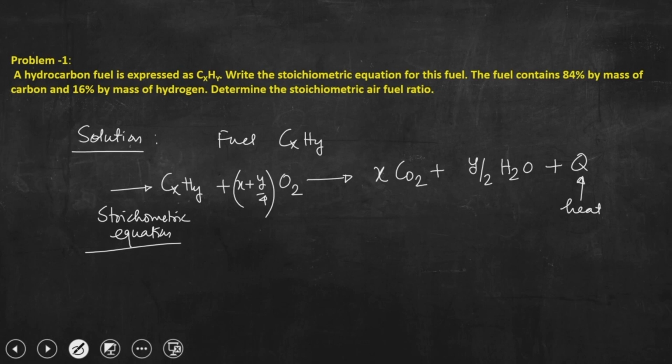Now next, it is given that the fuel contains 84% by mass of carbon and 16% by mass of hydrogen. So, writing the stoichiometric equation of this particular fuel, from this equation we can write the mass of fuel equal to 12x plus y.